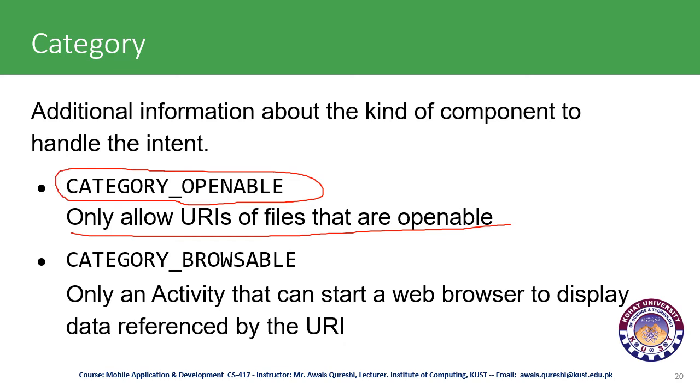This is an indicator to the intent that the file we are mentioning in the URI is openable. And the second part is CATEGORY_BROWSABLE, only an activity that can start a web browser to display data referenced by the URI. This is also an indicator to the app that the activity which is going to be opened will start a web browser to display data referenced by the URI.